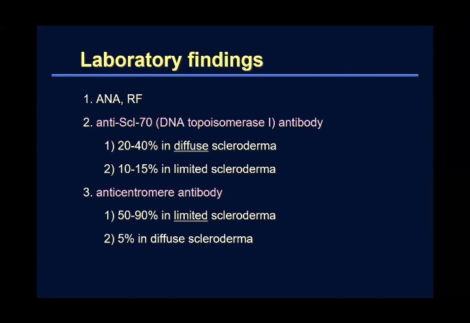So ANA would be present in almost all patients. If they have anti-Scl70, that means it is usually a diffuse disease with bad prognosis. Anti-centromere antibodies are usually a feature of limited disease, which has a better prognosis.